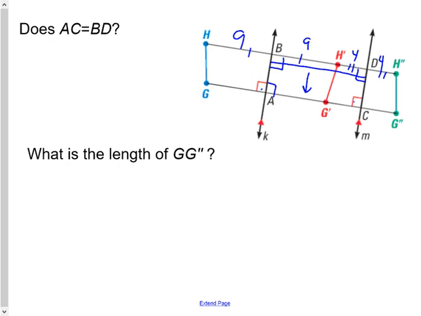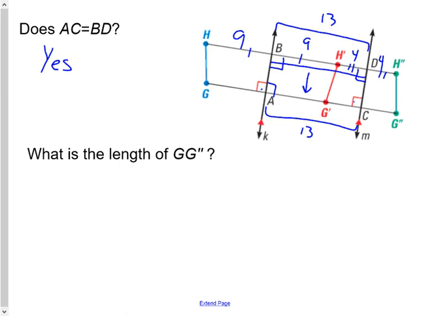So I see we've got a rectangle. If this side's 13, this side must also be 13. So yes. Also, since those lines are parallel, they're not getting further apart. So the distance from one parallel line to its equivalent point is the same thing for A to C.